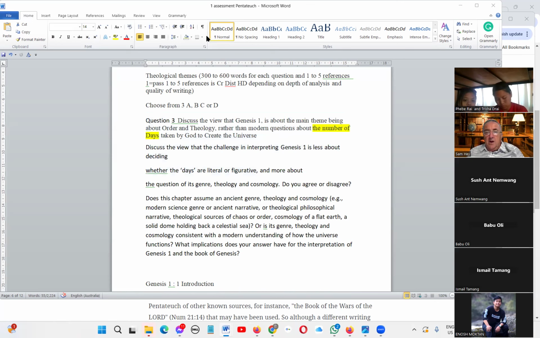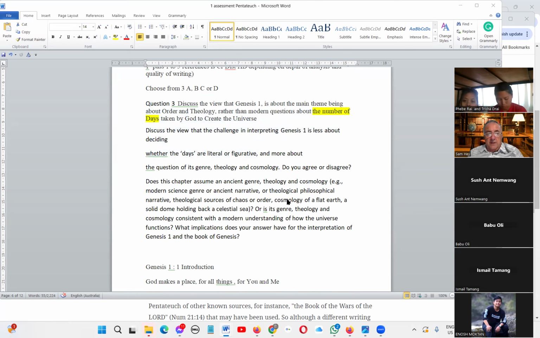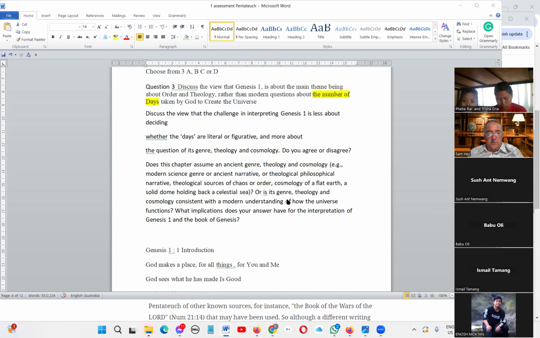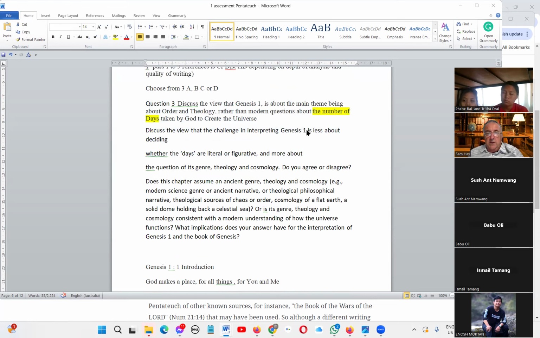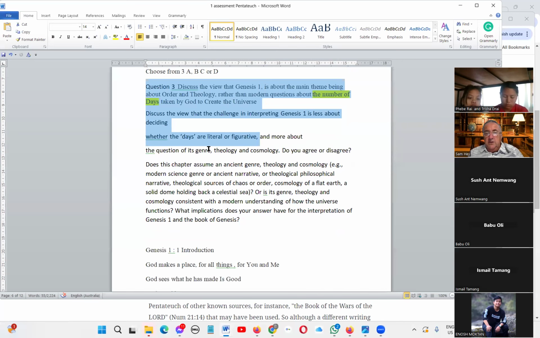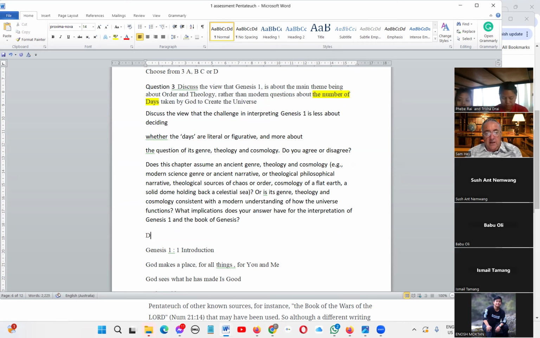In question 3, you're asked to look at Genesis and a major theme in Genesis. I have given you some examples. The first question could be, what is the major theme? One is that it's not days being 24 hours, because interestingly, it says that a day equals the time of light.